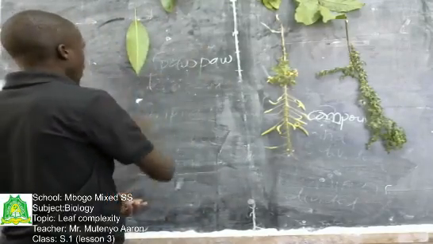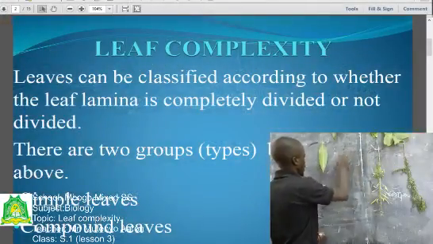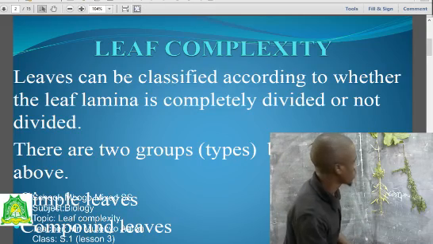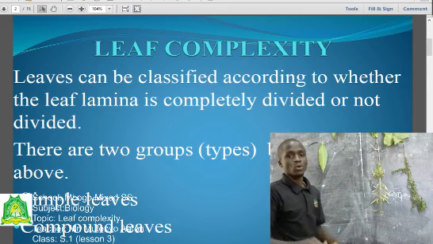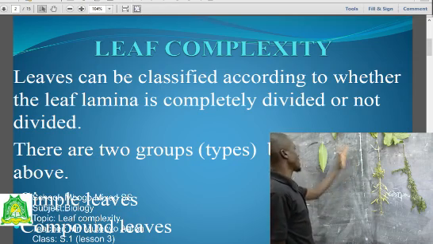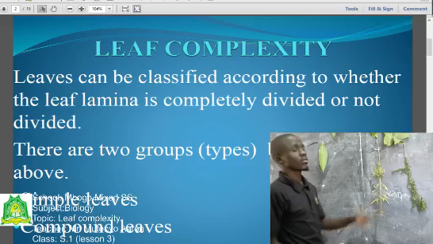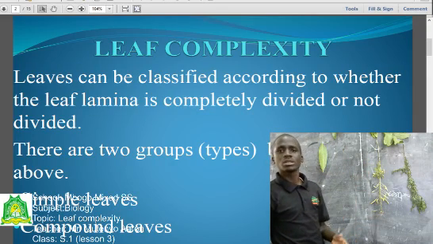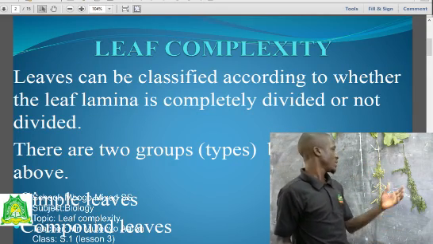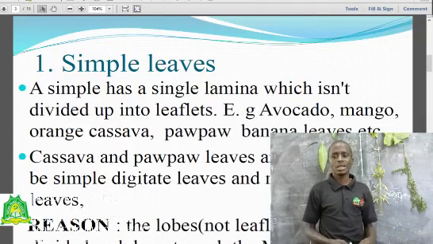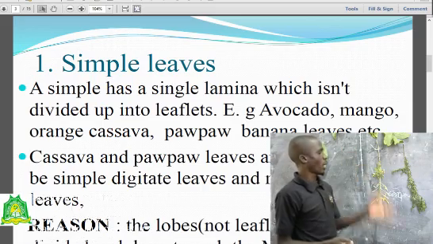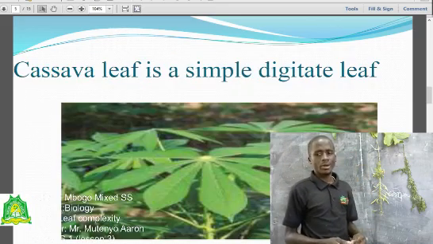Having taken a look at simple leaves, we can now move on to what we call compound leaves. I remember we grouped and agreed very well that these are simple leaves and these are compound leaves. Now these are compound leaves, and because their lamina is divided into what we call leaflets, that's why they are called compound leaves, right?